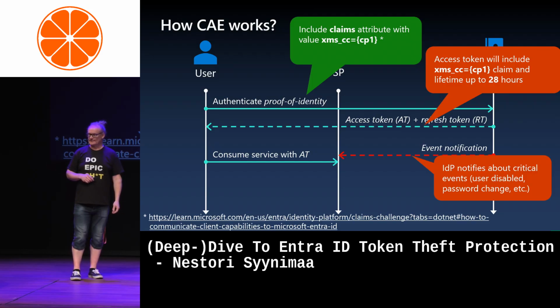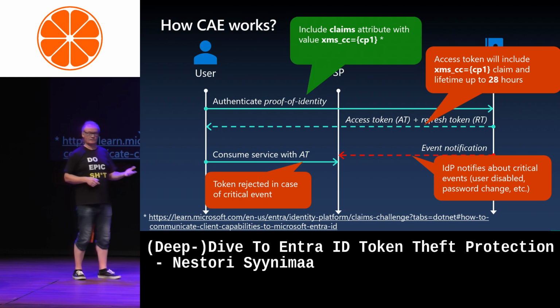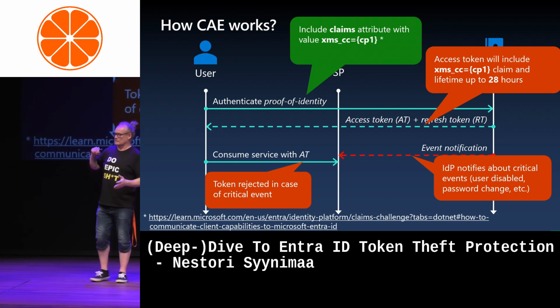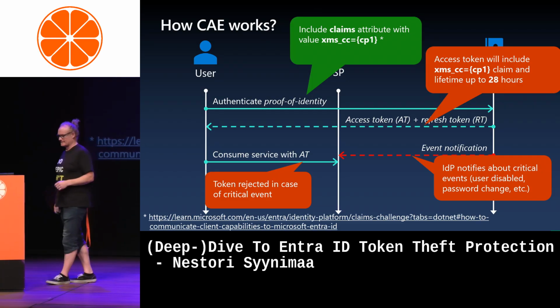Which means that if you try to use that token after that kind of event, Exchange Online says you need to re-authenticate because something happened. And this is what makes it a little bit safer.